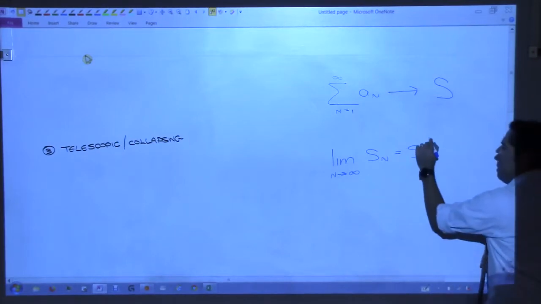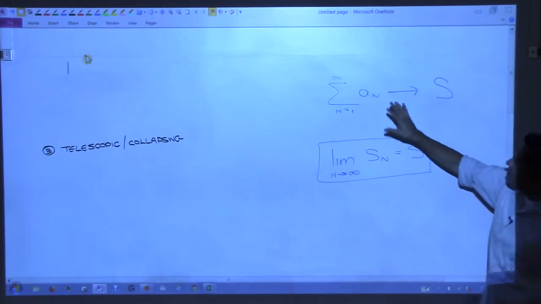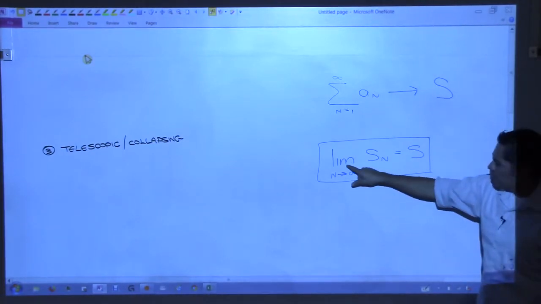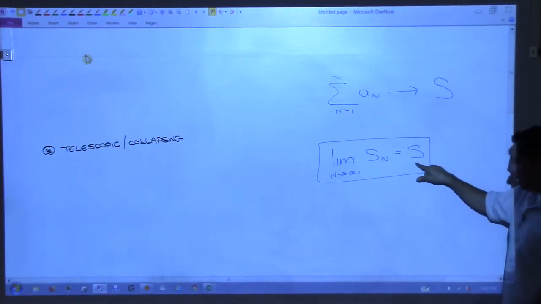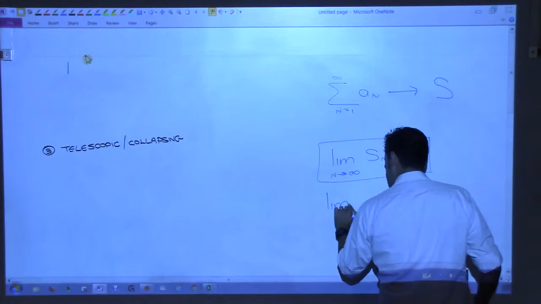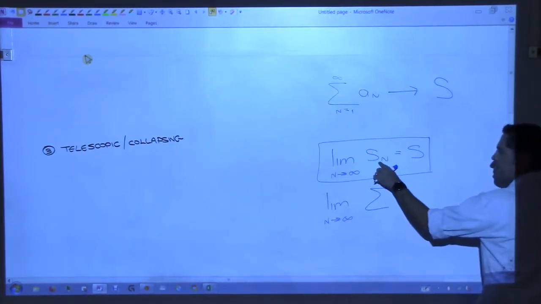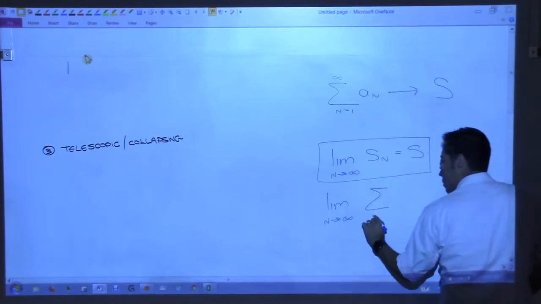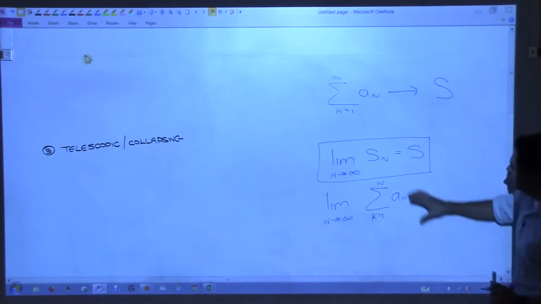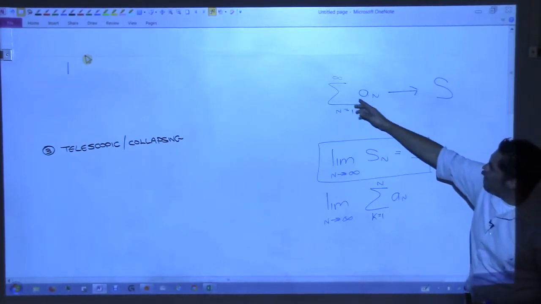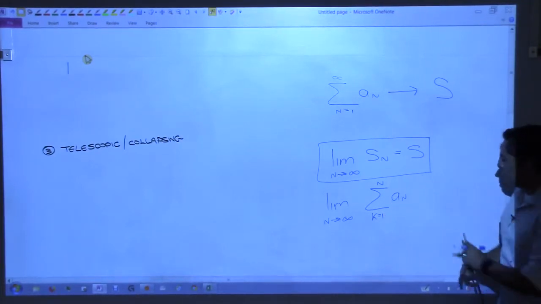So I'm going to need this right now, just to remind you of what it means. For us to say a series converges to S, we have to show that the limit as n goes to infinity of the nth partial sum goes to S, or equals S. Another way we could write this is to replace s sub n with what it is, which is the sum k equals 1 to n of a sub k. This means that we're going to add up not the infinite number of these terms, but the finite number of them, stopping at n.